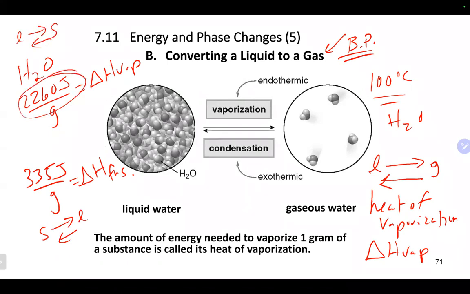It takes a lot more energy per gram to go from liquid to gas, because at that point everybody needs to completely break apart from each other. When you do the solid to liquid transition, everybody's still relatively close to each other, with a little bit more room for movement. But when you transition into the gas, it takes more energy to break everybody apart. So it's always a lot more energy than the solid to liquid transition. Any questions on that there?